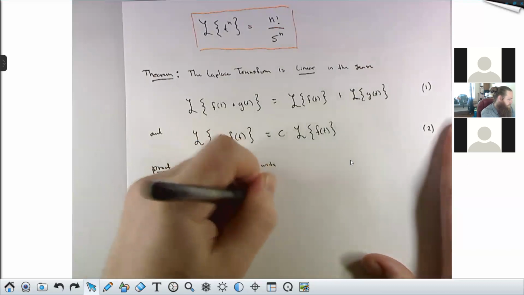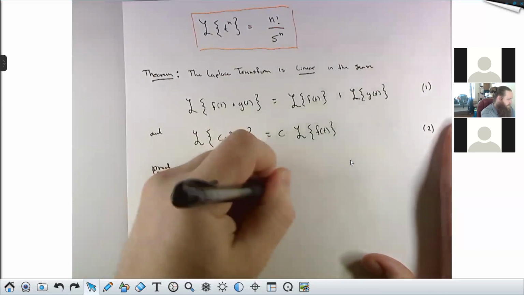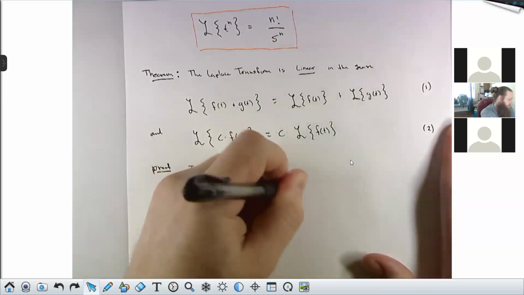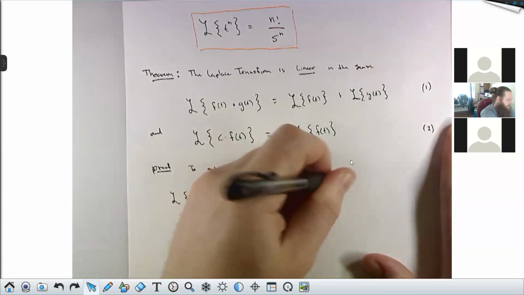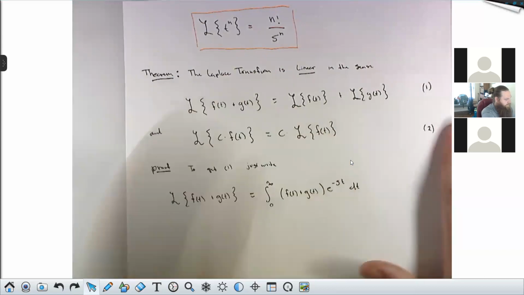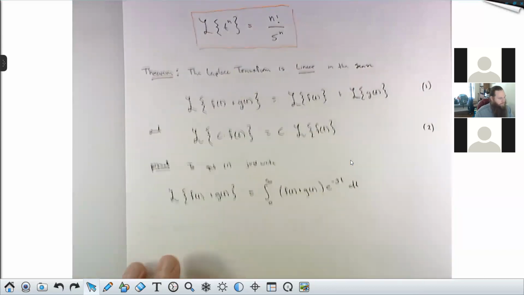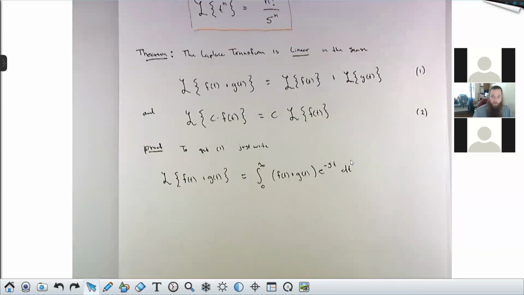It's the integral from 0 to infinity of f of t plus g of t times e to the negative st dt. And one of the things we proved back in Calc 2 is that improper integrals are linear.